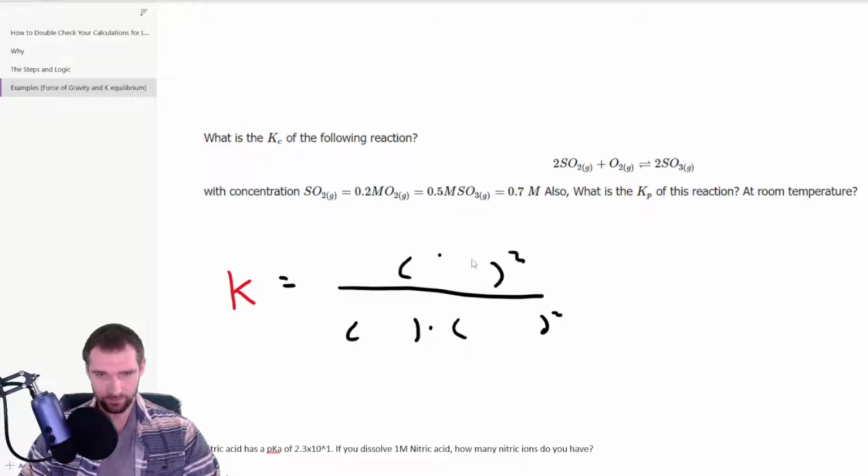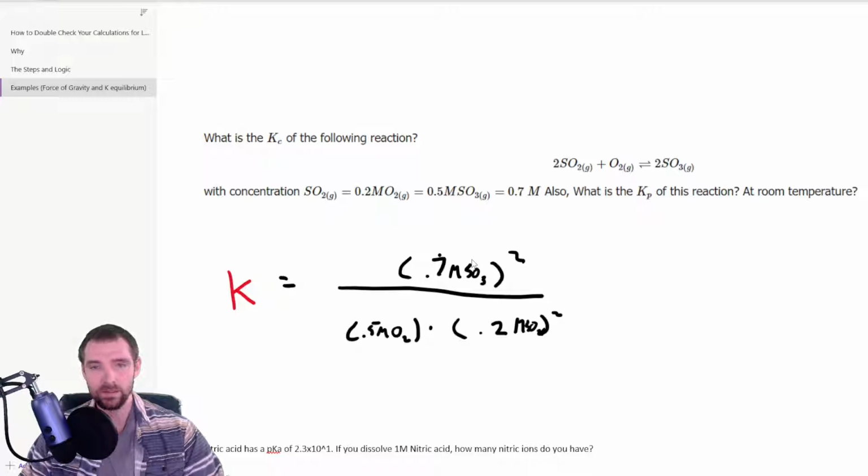It looks like SO2 is 0.2 molar, and O2 is 0.5 molar, I believe. And then this is 0.7 molar for the SO3.